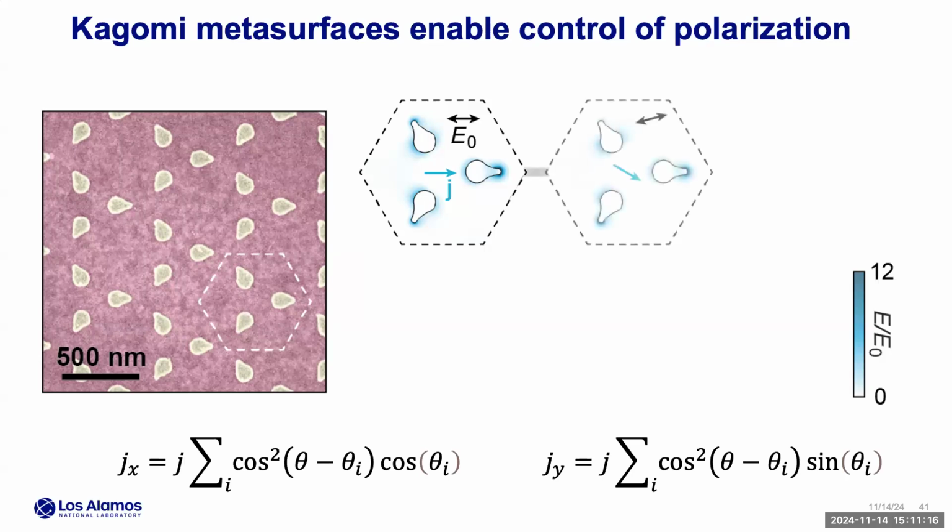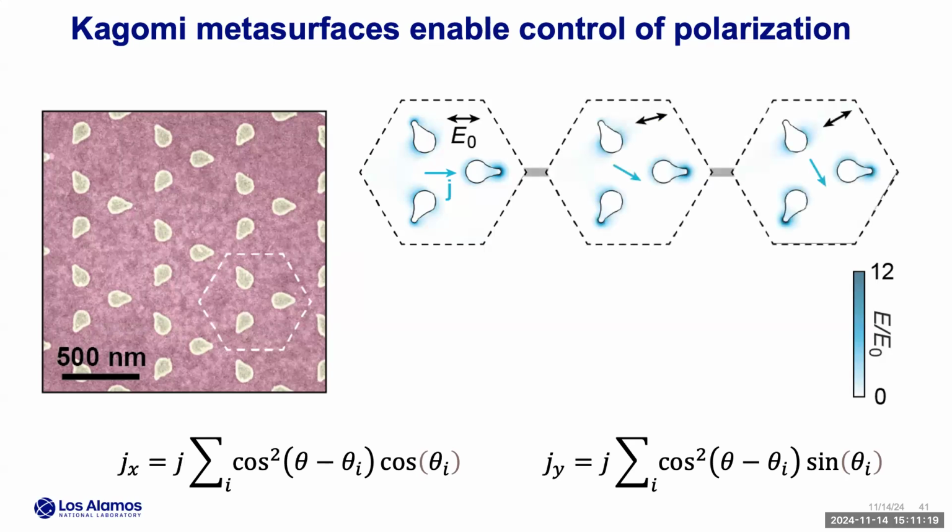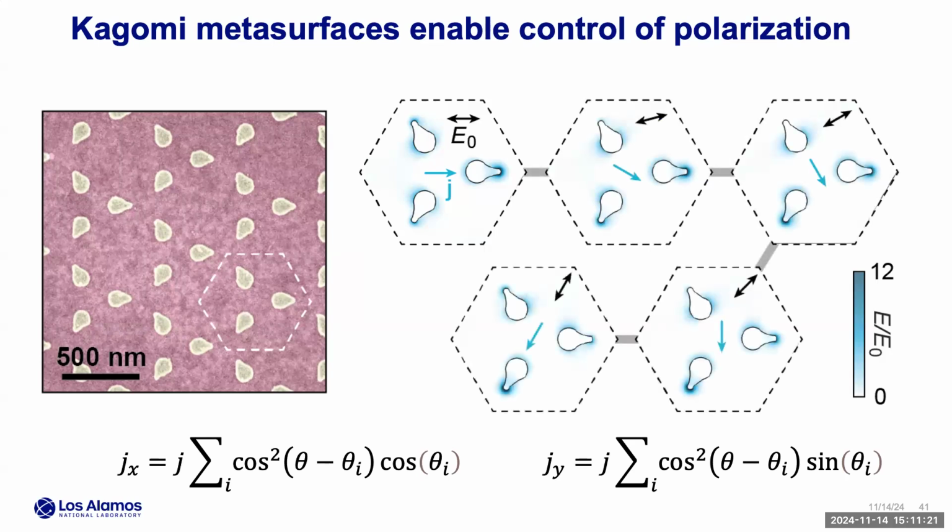As you rotate the input polarization, you rotate the direction of the current. The formulas down here are for the X component and the Y component of the directional current, where theta I goes from 0, to 2 pi over 3 and 4 pi over 3, 120 and 240 degrees.